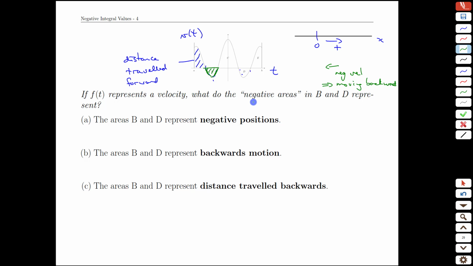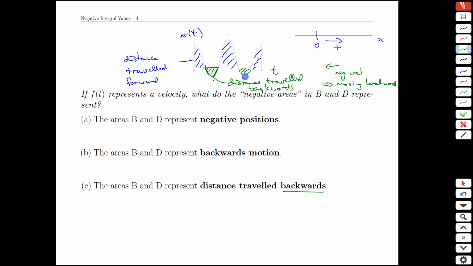Now, you have to be a little bit careful here. The areas below the graph represent the distance traveled again, but it is going to be the distance traveled backwards. Just a sign difference from the distance traveled forwards on each of the regions that have positive velocity.